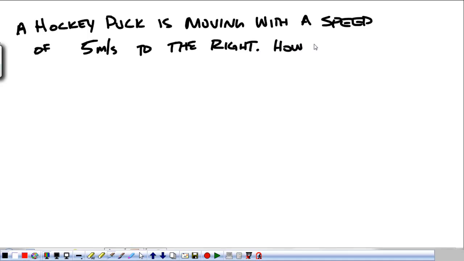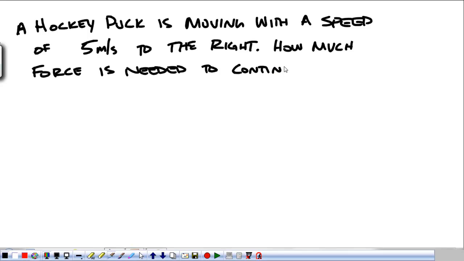How much force is needed to continue that same motion? So, I want that 5 meters per second to continue without changing.